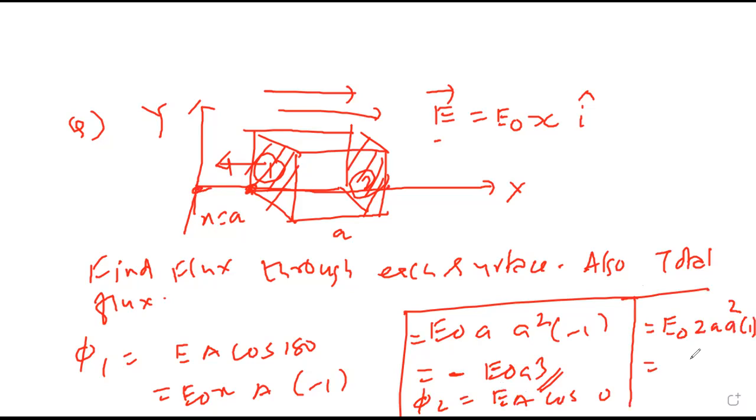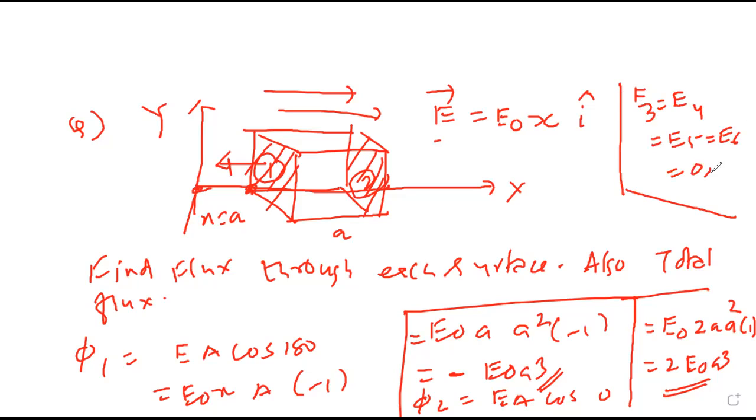So it is 2 times E naught A cube. The rest will all be 0 because the area vector will be perpendicular to E. Phi 3, phi 4, phi 5, phi 6 are all equal to 0.